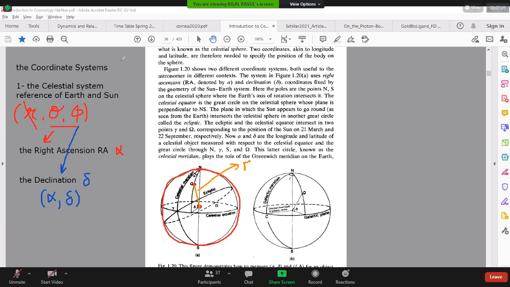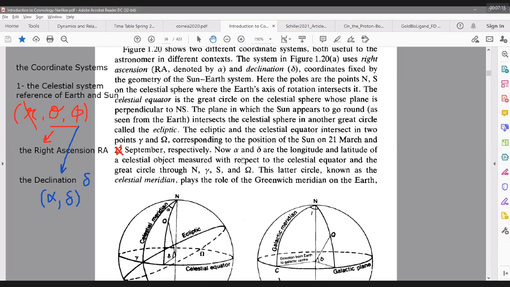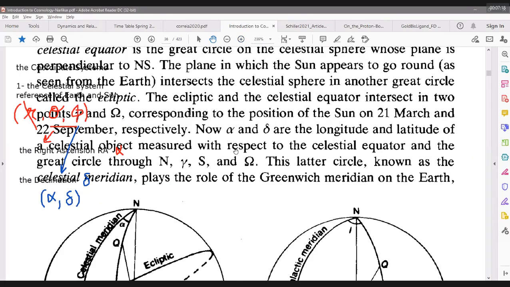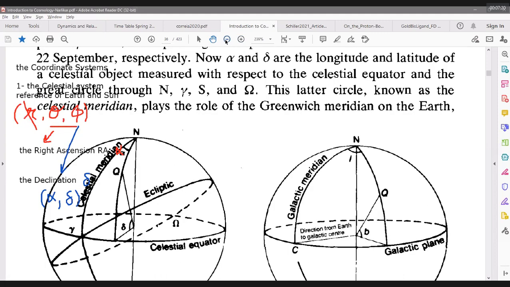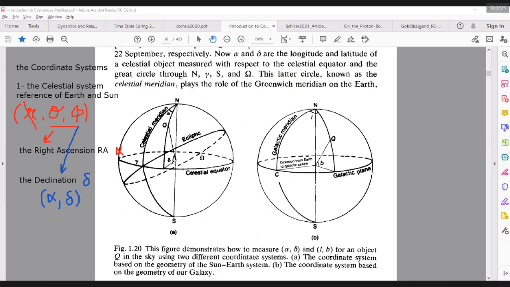So let's see what are these two angles. For this, I would go to the sphere and you see in reference to Earth, if we observe this big sphere and we draw an equator, you know what an equator is?